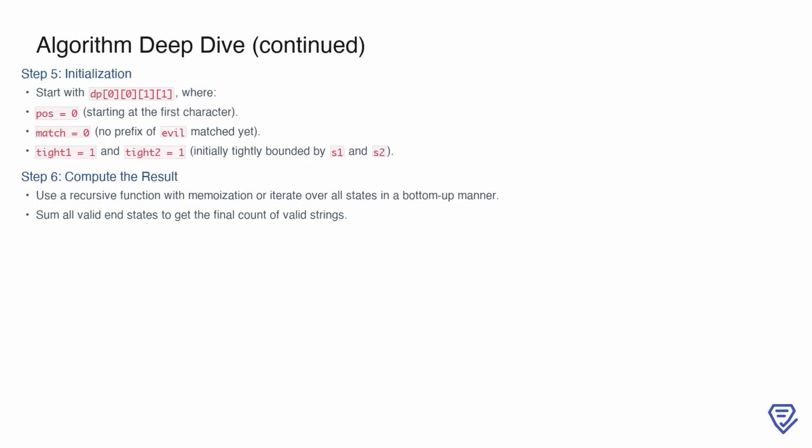As we explore all possible states, we sum the contributions from all valid end states to determine the total count of valid strings. Memoization ensures that we avoid redundant computations by storing results of previously computed states and reusing them when needed. This not only speeds up the algorithm but also ensures it can handle larger input sizes efficiently.